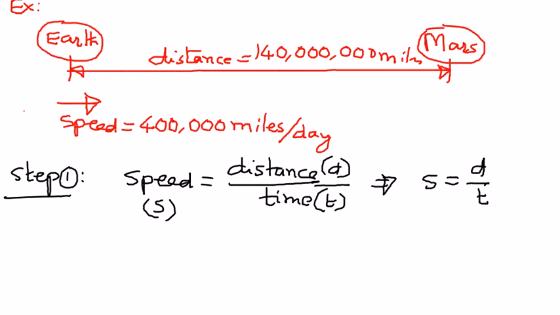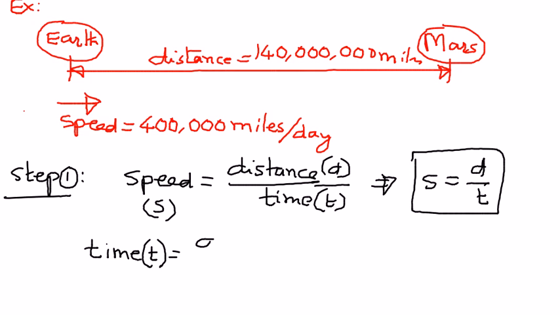Since we want to find the time the space shuttle is going to take to reach Mars, we can rewrite this formula in terms of time: t is equal to the distance d divided by the speed s.